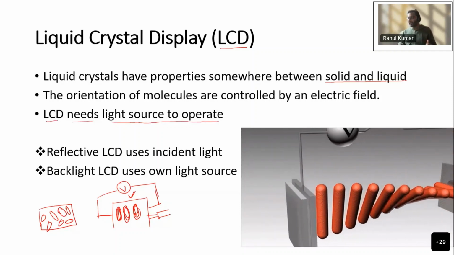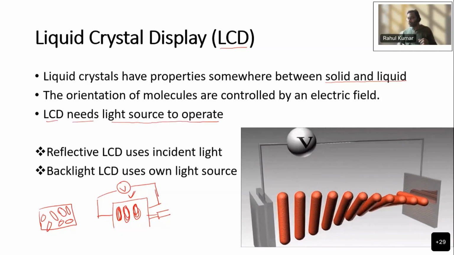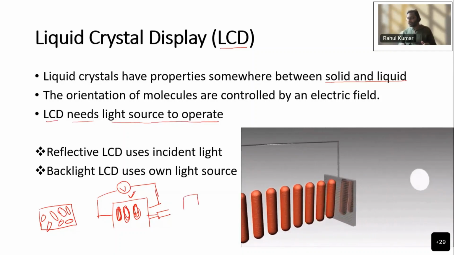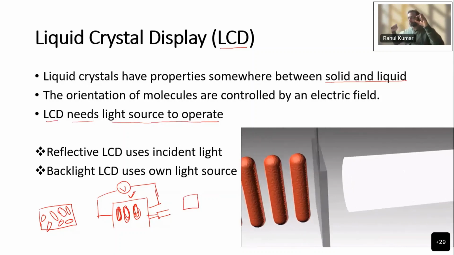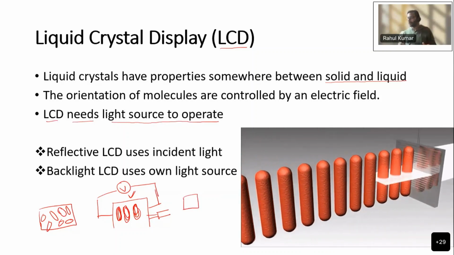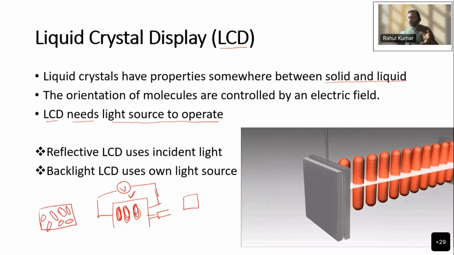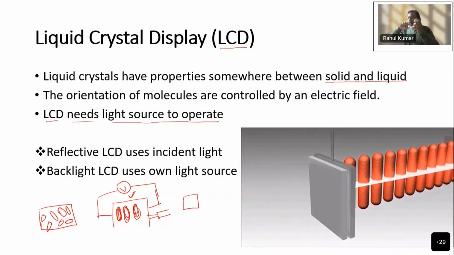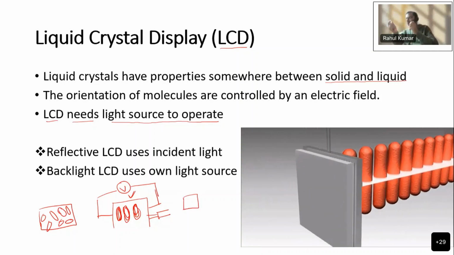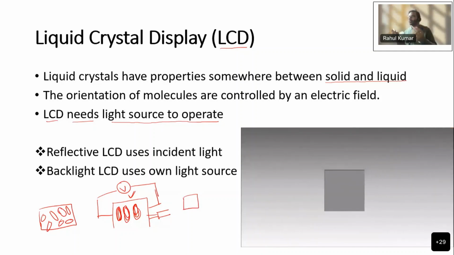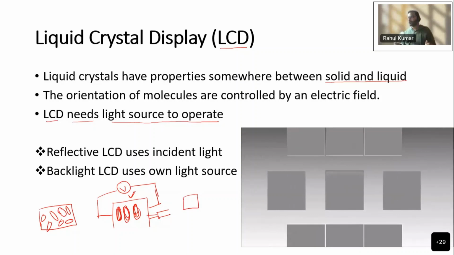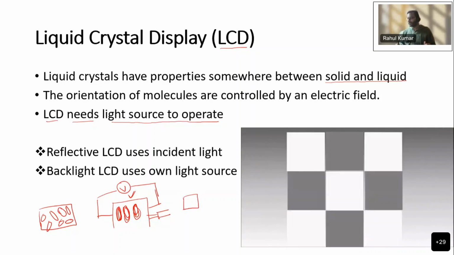Similar to this single LCD, you will have multiple LCDs on the screen. That will produce a complete picture. So that will produce some dark spots, some bright spots, and overall it will produce an image or whatever data you are trying to produce, something like here.